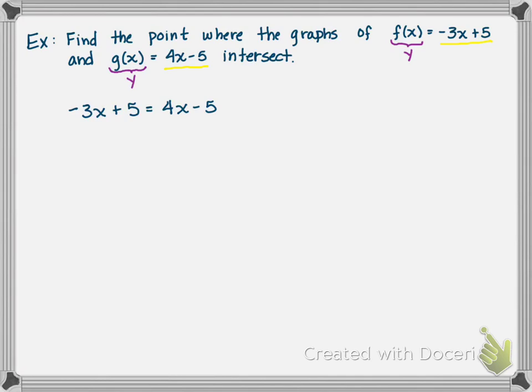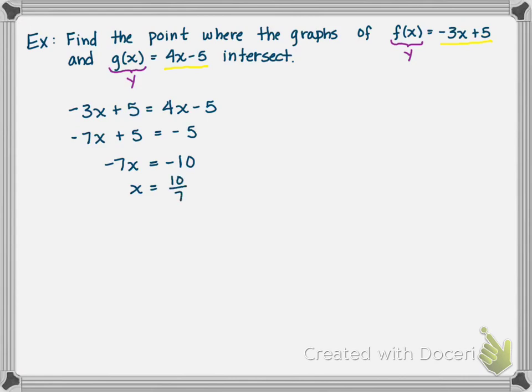And so it actually turns out that when they're in function notation, it's kind of even simpler than the other case, right? We're just setting the two functions equal to each other and solving for x. So we get, let's see, negative 7x plus 5 equals negative 5, so negative 7x equals negative 10, so x equals 10/7.